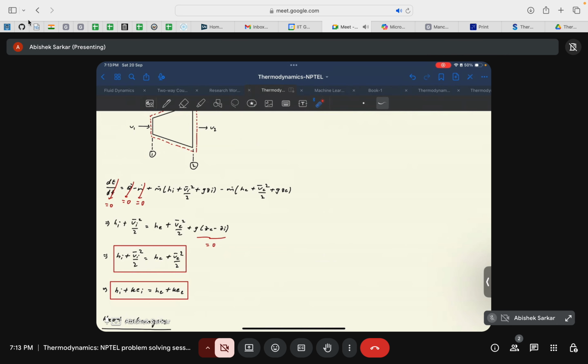So the equation of relevance for nozzles and diffusers is hi plus vi square by 2 is equal to he plus ve square by 2, that is, hi plus the inlet kinetic energy equals he plus the exit kinetic energy. But there might be scenarios in your question where your nozzle is tilted or the exit of the nozzle is at higher altitude, where the potential energy term may become relevant, but for most general cases, this is usually equal to 0.